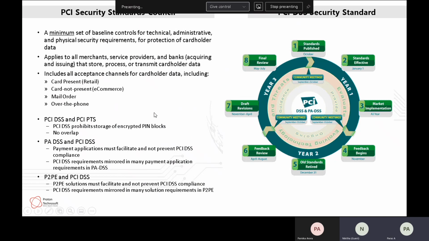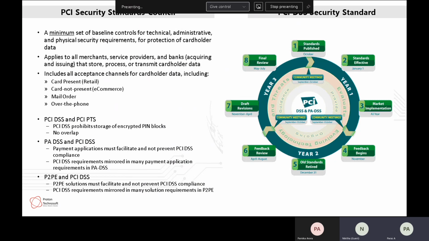Now, from a PCI DSS and PTS standpoint, PCI says you can store cardholder information in your environment with the required security levels. So you can store PAN numbers, which is a 16-digit number. You can store cardholder name.